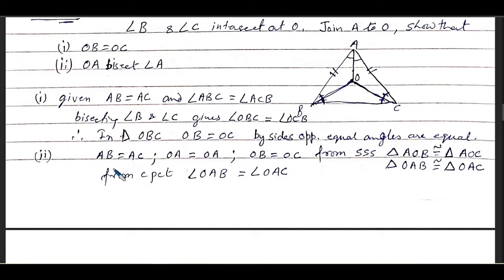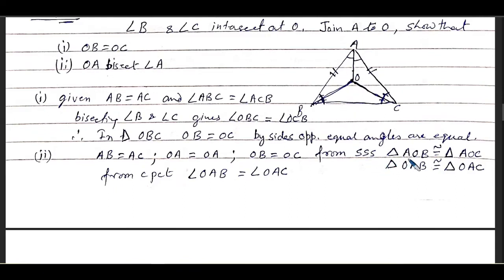And we have to prove that OA bisects. So AB equal to AC, since isosceles, and this is a common side, OA equal to OA, and OB equal to OC. So this is from SSS.